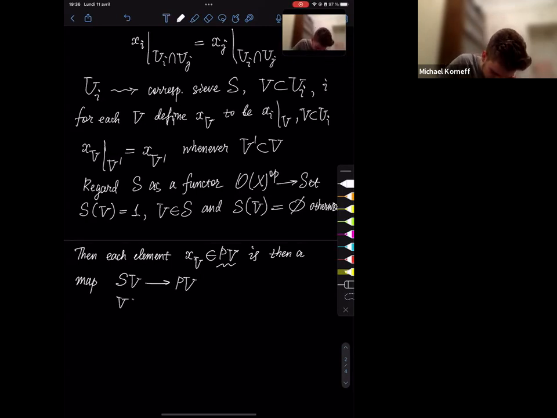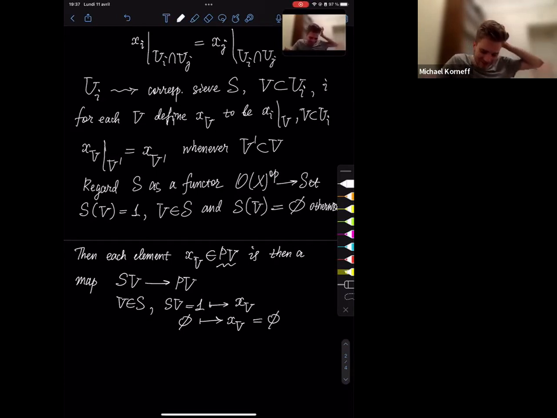If V belongs to S, then S(V) equals 1, and this one maps to xV, and otherwise the empty set maps to xV. That is just an empty element.